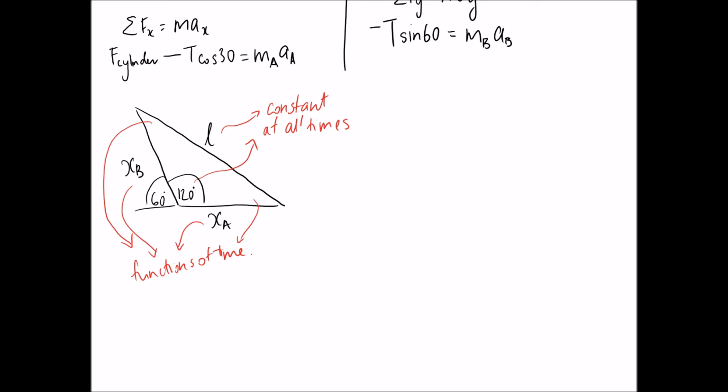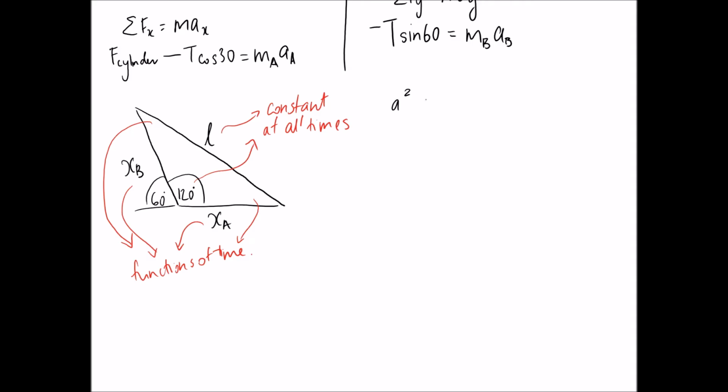So in order to get a relationship between xa and xb from this triangle, we have a choice of using the sine rule or the cos rule. What I'm going to recommend is using the cos rule, simply because the cos rule only takes one angle, and we can use this constant one. If we use one of these other angles that's changing with time, when we take the derivatives, it's going to be much harder, probably even very difficult. So we're going to use the cos rule, and we're going to use this angle inside it.